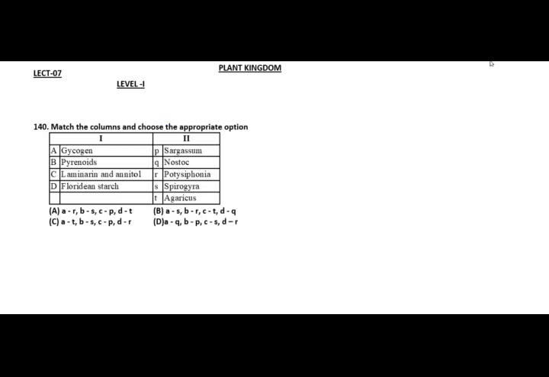Next question, match the columns here. Reserve food materials present in which species. So first one, glycogen. Glycogen is a reserve food material in the case of Agaricus, an example of fungus.